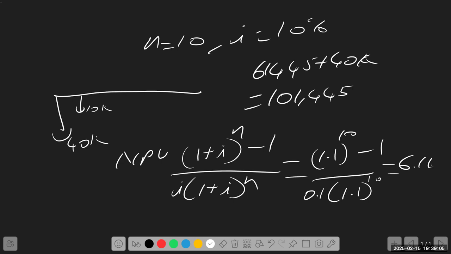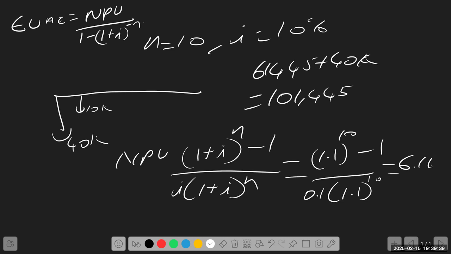Okay, for the equivalent uniform annual cost, EUAC is equal to NPV divided by 1 minus 1 plus I raised to minus n.